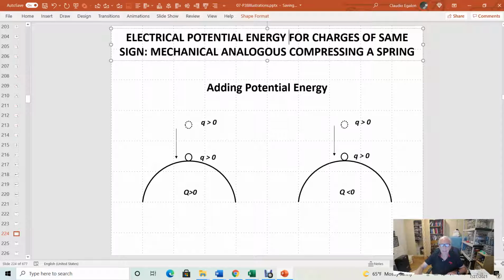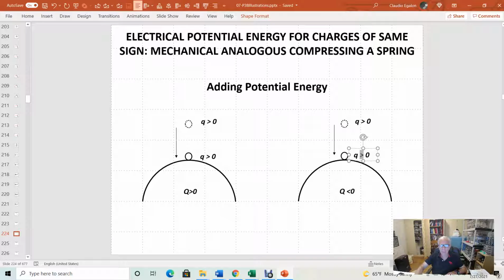Like that. Whether both charges are positive, whether both charges are negative. You can picture that, right?